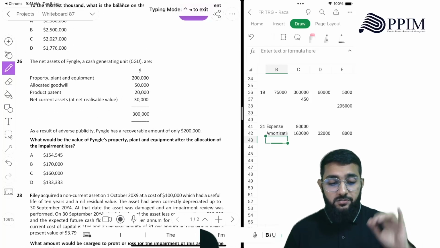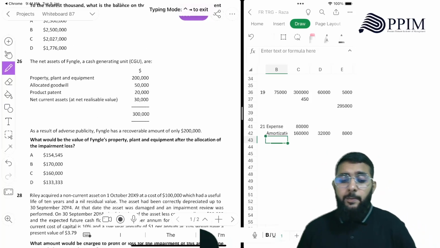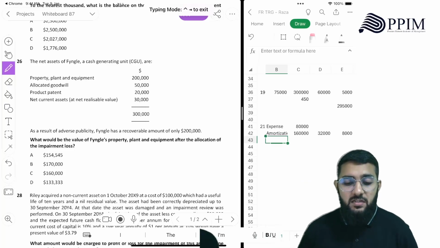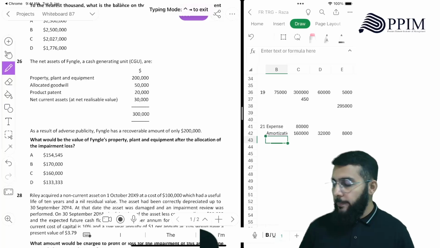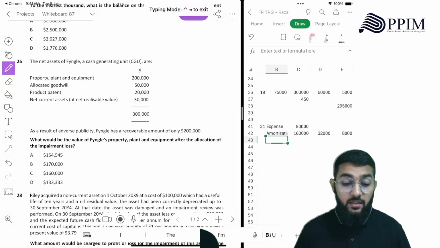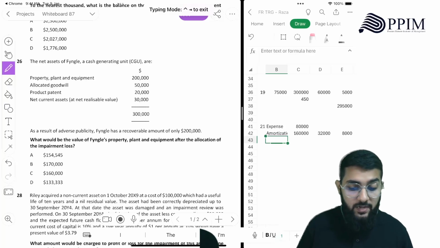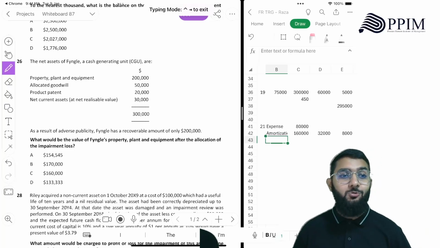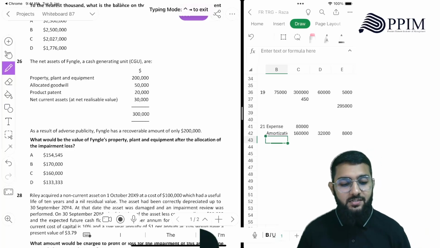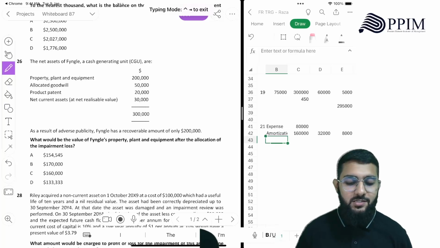The next question, 26: the net assets of Feingle, a cash generating unit, are property, plant and equipment 200,000, allocated goodwill 50,000, product patent 20,000, net current assets at net realizable value 30,000, meaning you don't do any changes to net current assets, but the rest of it needs adjustment.